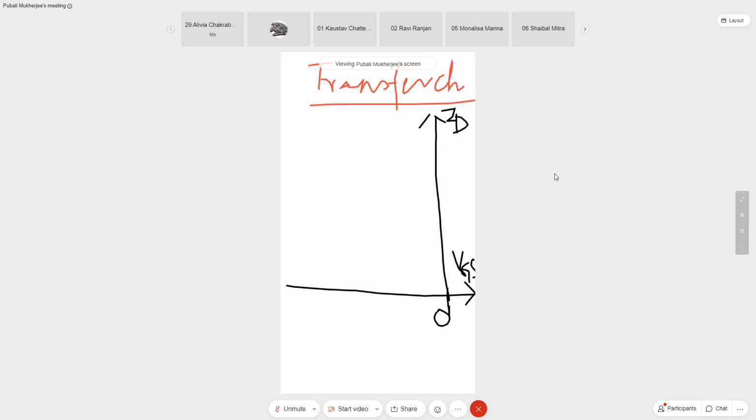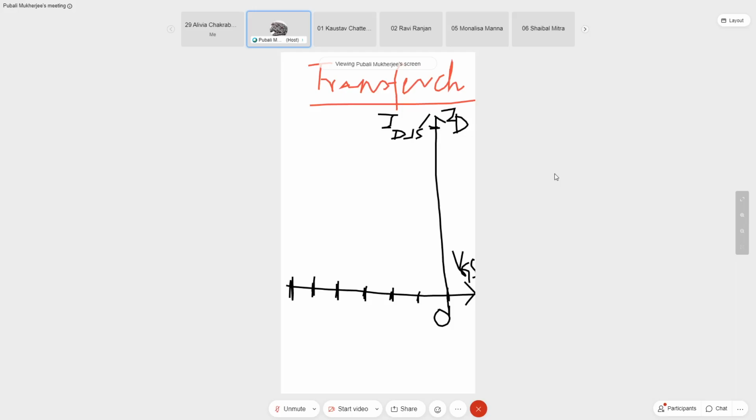This is 0. If you remember, I had also taught you how to extrapolate the transfer characteristics from the drain characteristics.